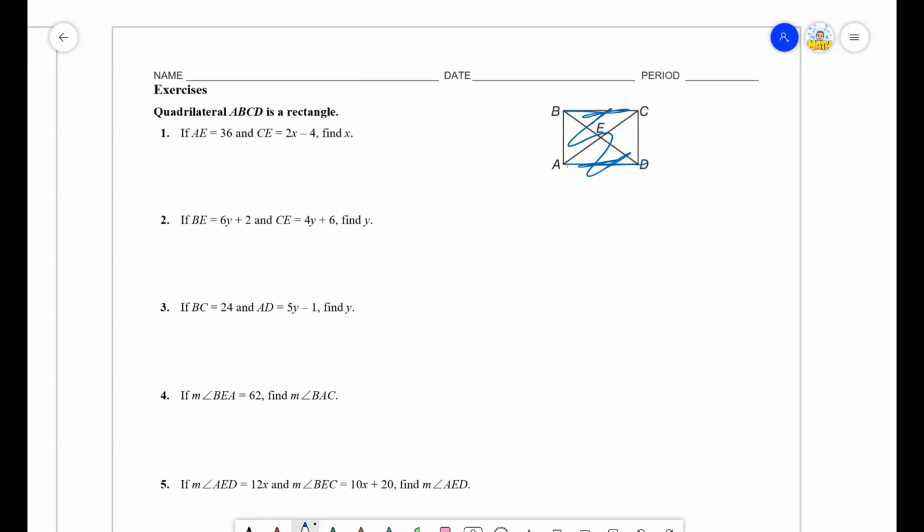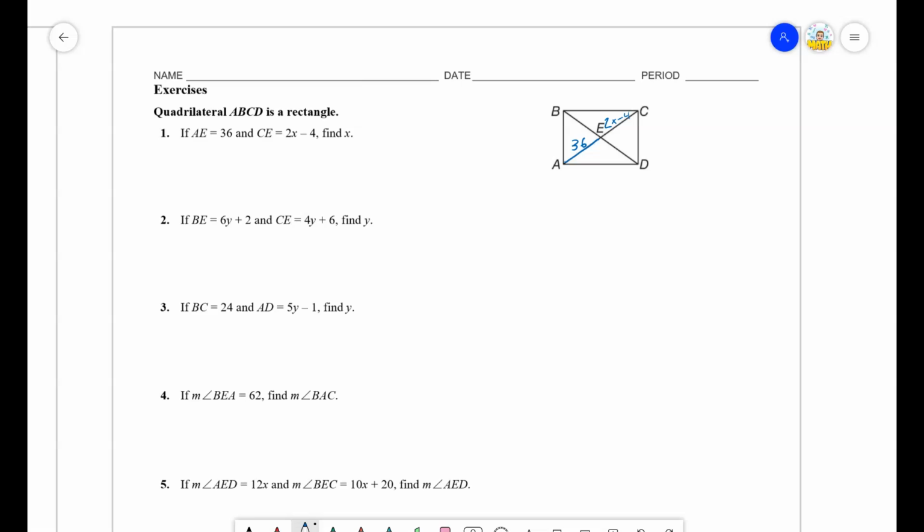So let's take a look at what they give us here and what they want us to solve for, and see if we can set up an equation in order to do that. So here they tell me that AE is 36. So that's just this short segment from here to here. That's 36. And then they tell me that CE is 2x minus 4. Okay, so I really don't need any specific property of a rectangle here.